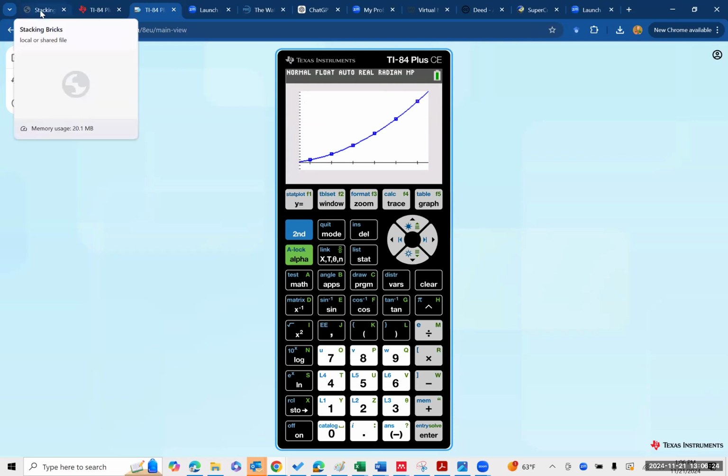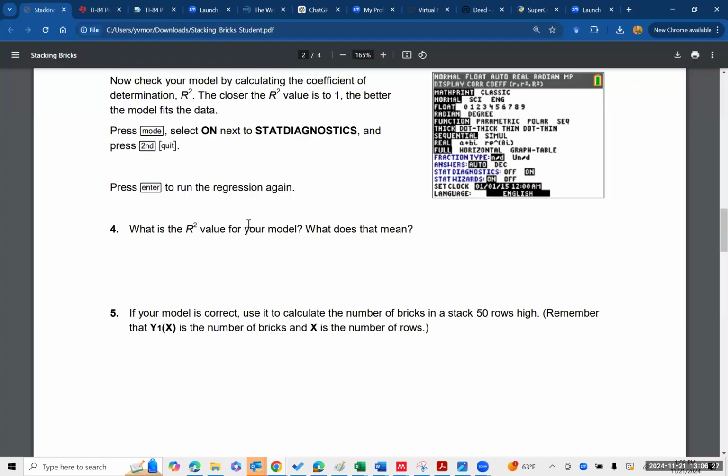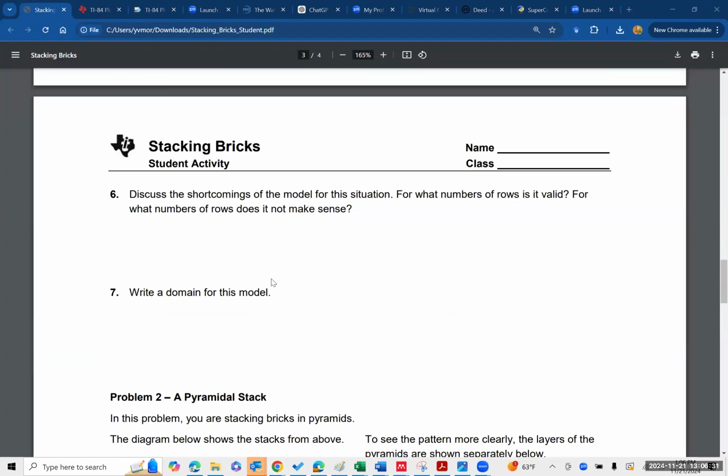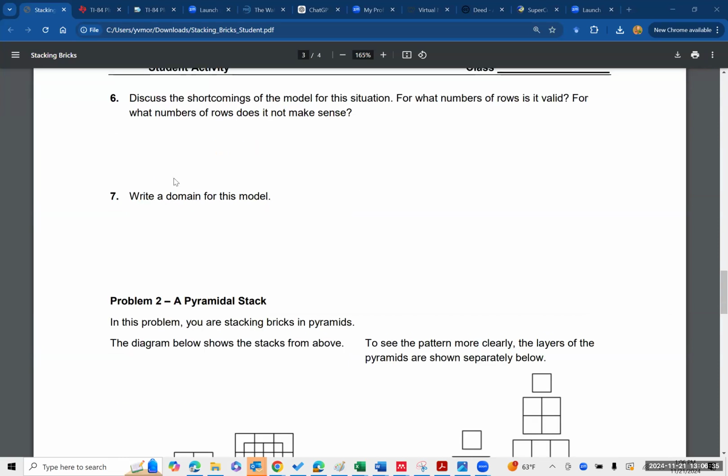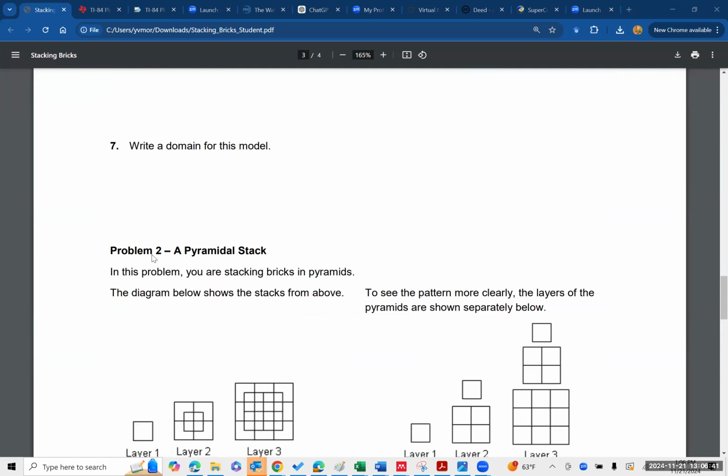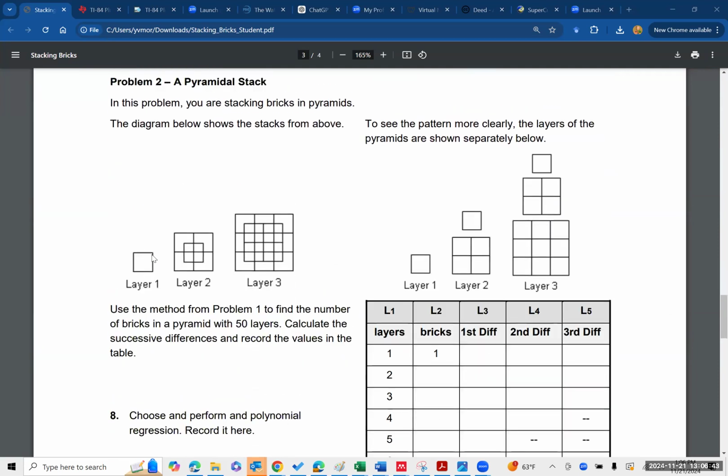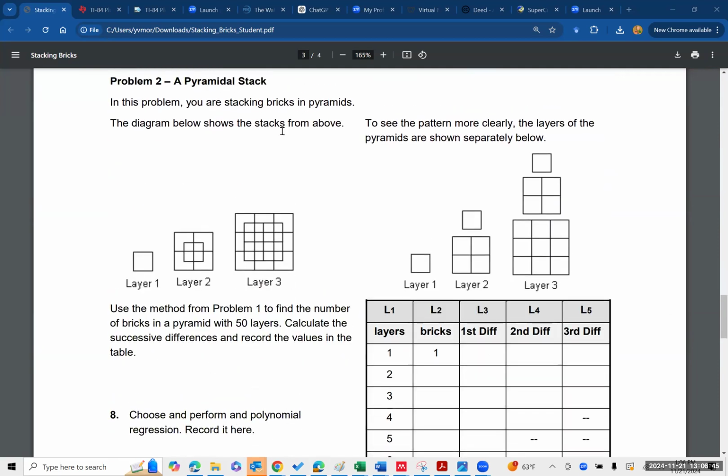Okay, and there are some other pieces that I didn't complete with you, but you can complete the rest on your own. I'll let you work on number 6 and number 7 as well. I just wanted to give you a basic idea. Okay, so the next problem says, in this problem, you're stacking bricks in pyramids.